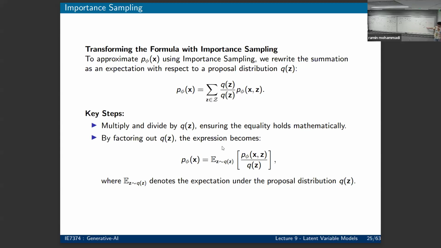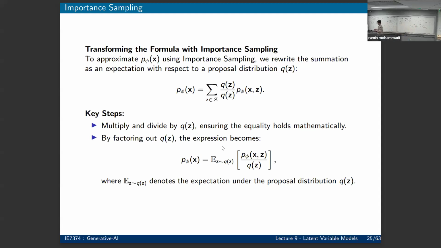So every time you sample from here, that becomes the expectation over Z that comes from Q(Z). Then, what's inside the expectation? The original probability, P of X,Z, divided by Q(Z). So this technique is called importance sampling.